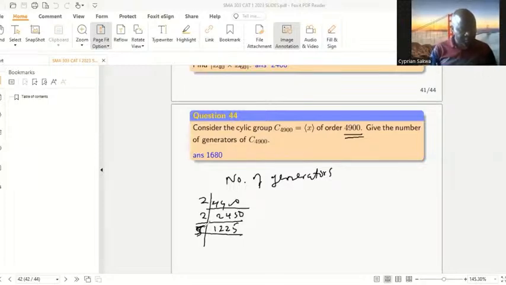So divided by 5, I have 245. 5 can still go there. So divided by 5 again, and 49. And then 7 will go there. So there are 7 times. Then 7 goes there once.